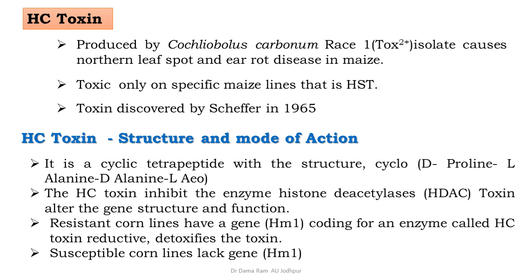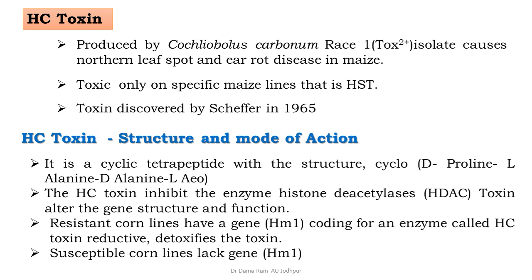If we see the structure and mode of action, it is a cyclic tetrapeptide with the structure cyclo-D-proline, L-alanine, D-alanine, L-Aeo. The toxin inhibits the enzyme histone deacetylase, which reversibly deacetylates the core histones H3 and H4 of the chromatin.